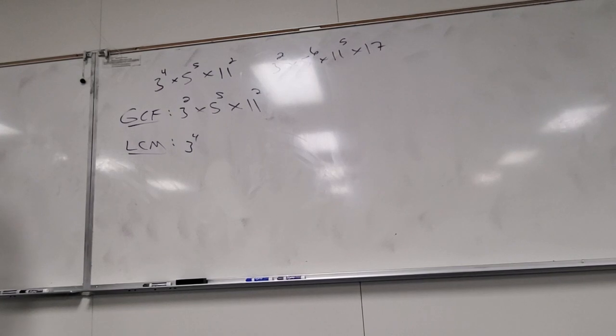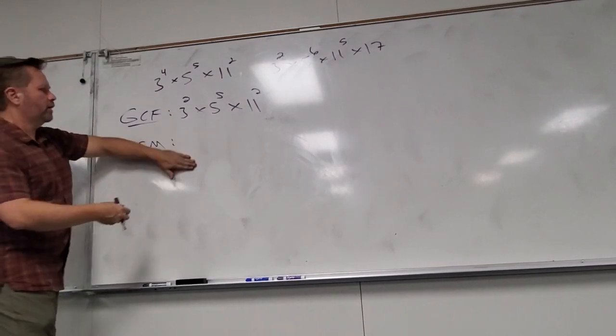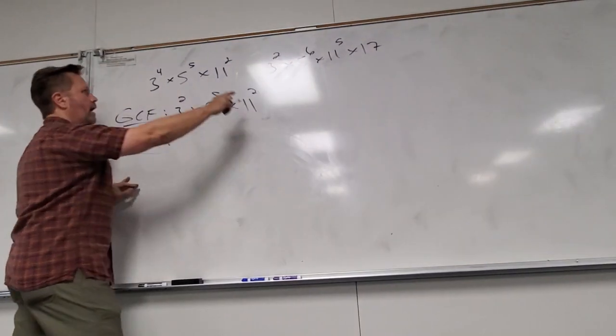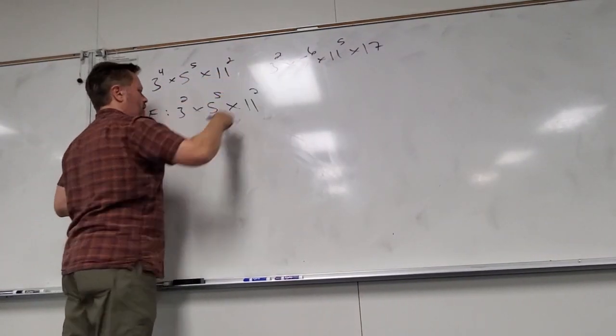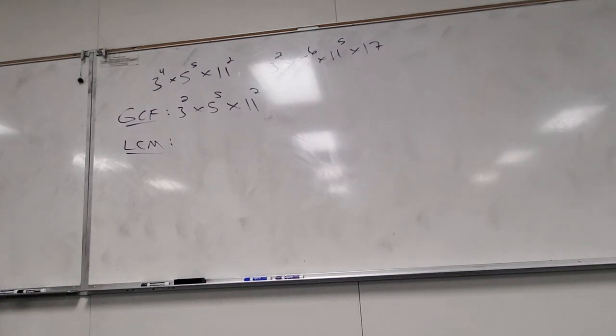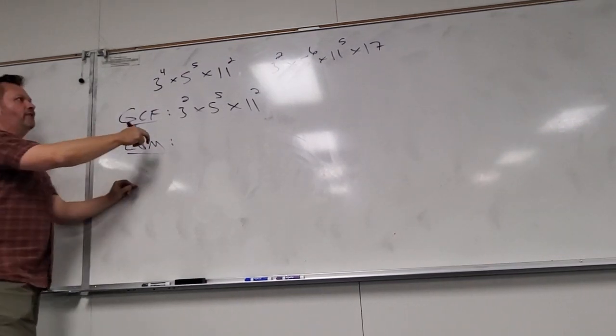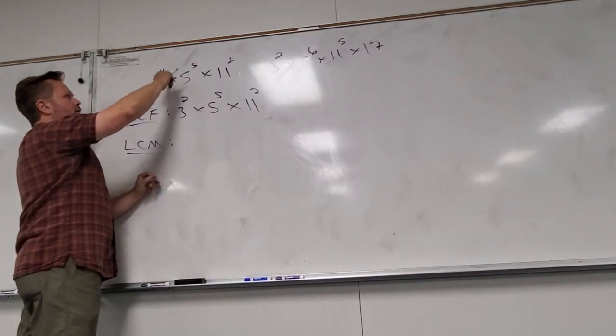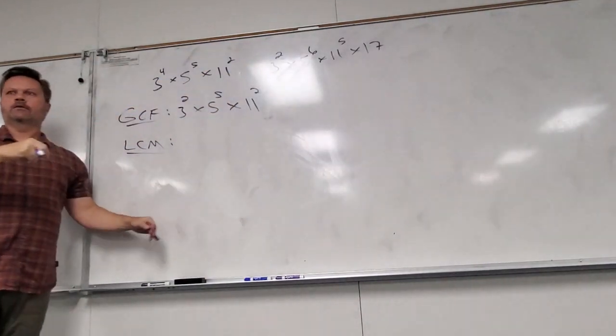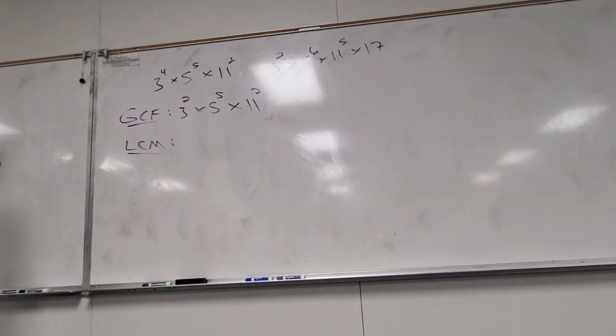This is more important than just doing the shortcut. Why does the shortcut work? Because whatever I write here, I have to find both of these numbers in it, and nothing more, right? So whatever I write here, I've got to be able to find 4 3s in it and 2 3s in it. So if I write 3 to the 4th, I found both.